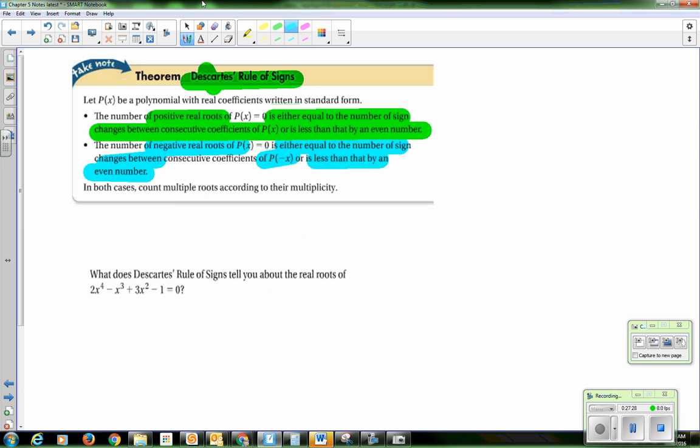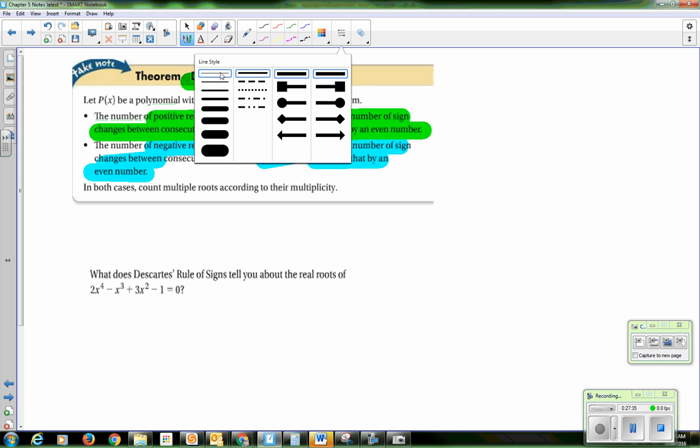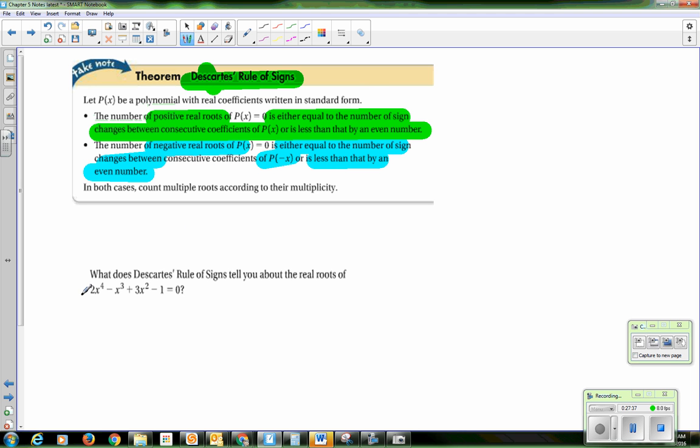Okay, so when we are testing to see how many real roots we have, let's see what that looks like here. For the number of positive real roots, I'm going to start here. I go from positive 2 to negative 1, that's one sign change. Negative 1 to positive 3 is another. Positive 3 to negative 1 is another. So I have 3 sign changes.